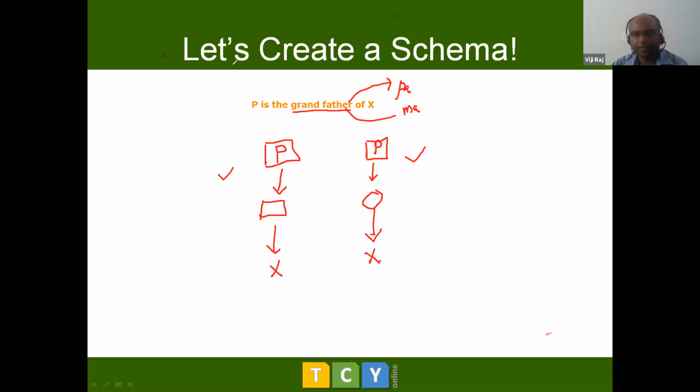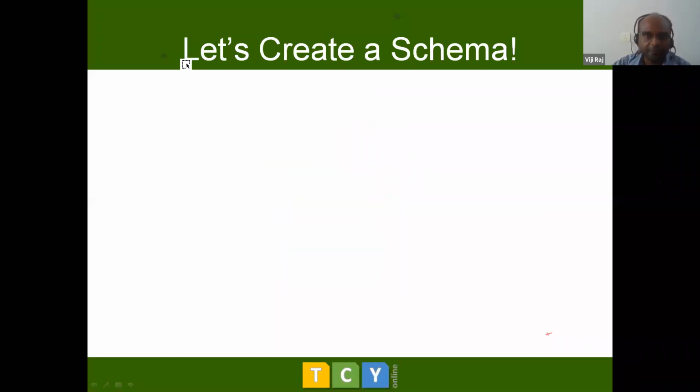Rather, I'll explain with an example of uncle and aunt. Now let us consider a statement: A is the uncle of B. Okay. Now there are two possibilities.